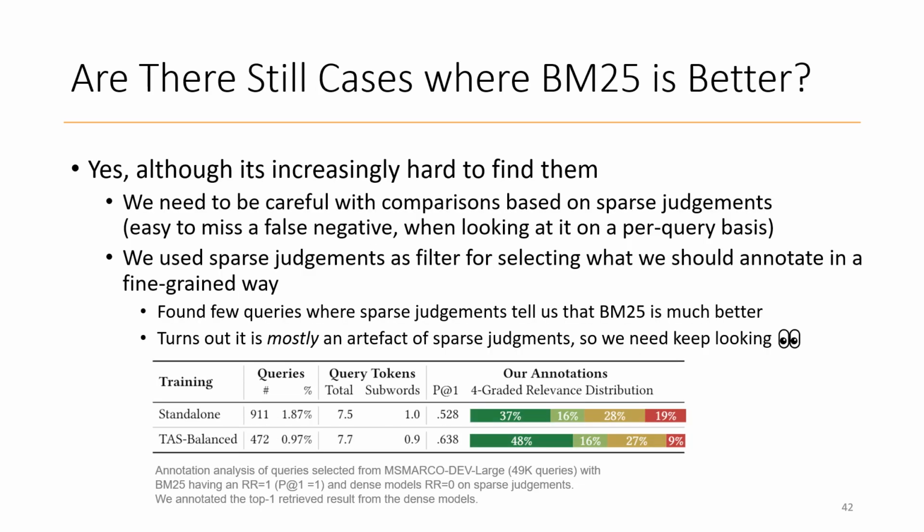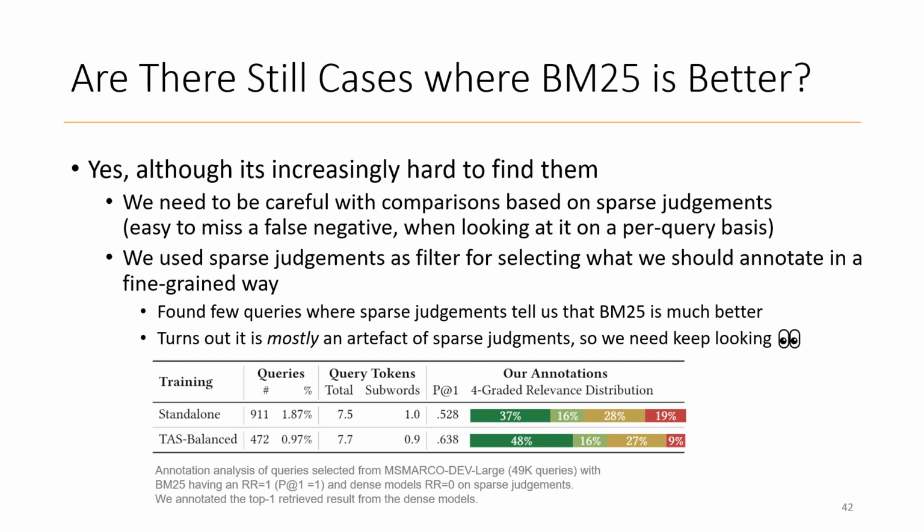And then we want to know if we can still find cases where BM25 is vastly better than a dense retrieval model. Even though overall dense retrieval is better, we could still have sub-regions of our query distribution where BM25 is better. And the answer is yes, there are cases, although it's increasingly hard to find them.